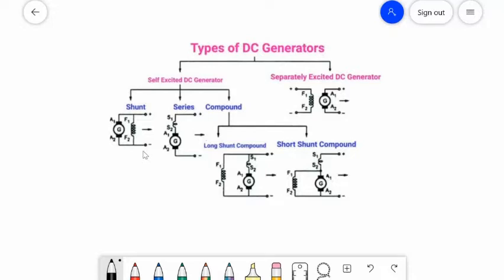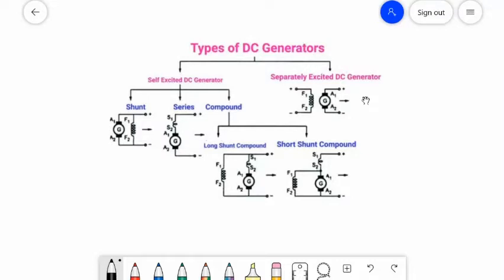First, we will discuss the types of DC generators. Due to residual magnetism, there is always some flux present in the poles. Generators are usually classified according to the way in which their field windings are excited.